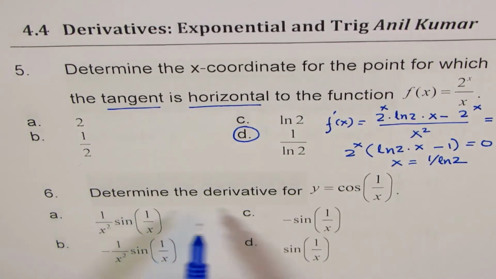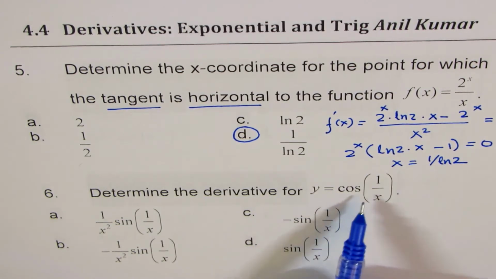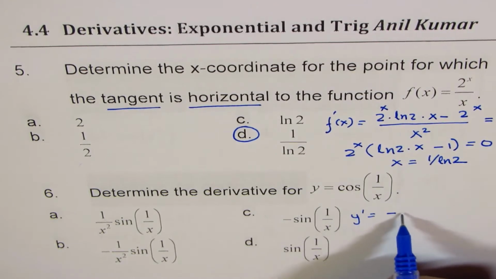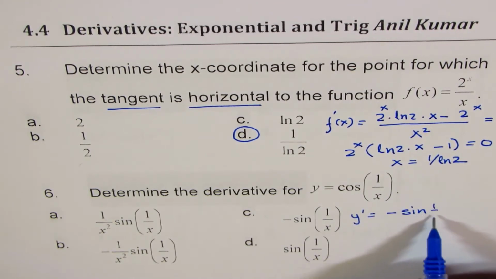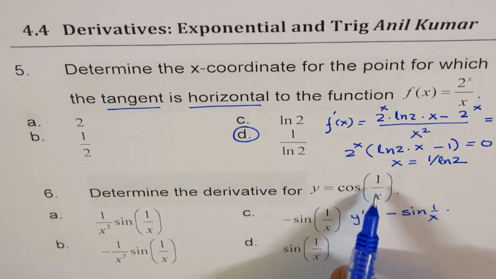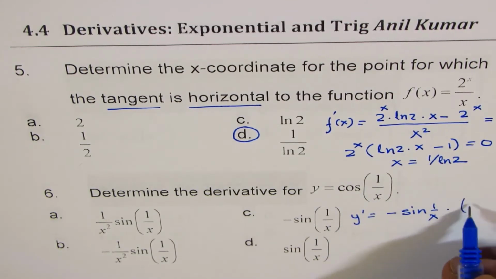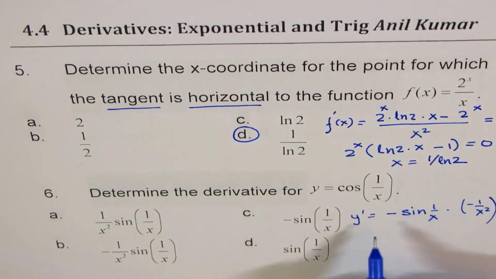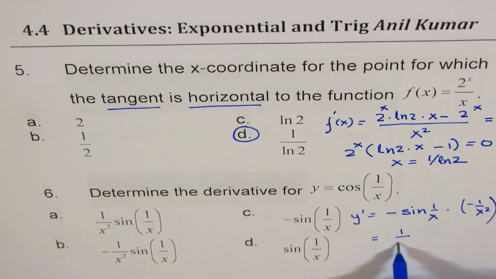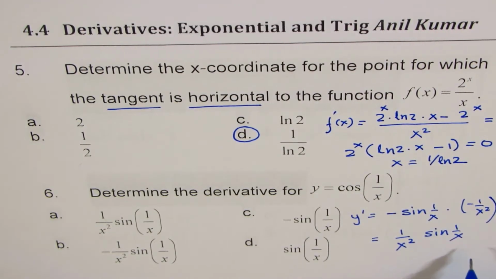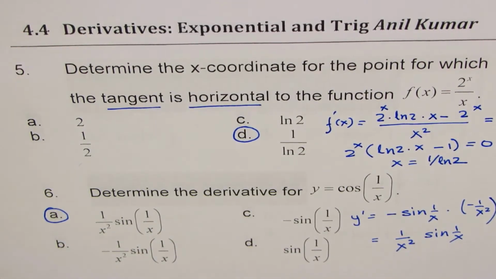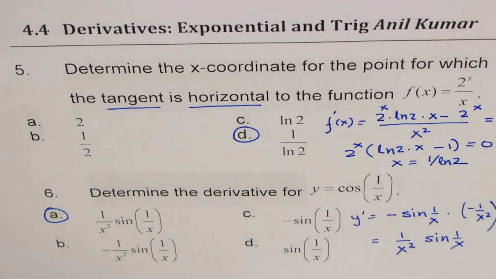Question 6. Determine the derivative of y equals cosine 1 over x. Derivative of cos is minus sine, so we get minus sine 1 over x times the derivative of the inside function, which is minus 1 over x squared, correct? These two minuses actually make it positive, so we have 1 over x squared times sine 1 over x as the derivative. Option A is the right option. Let's move on.